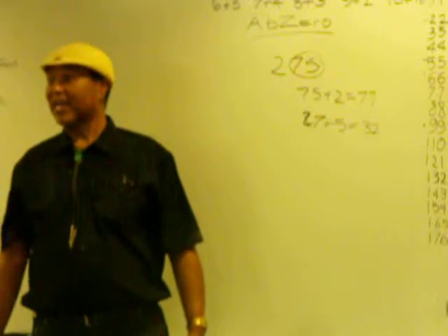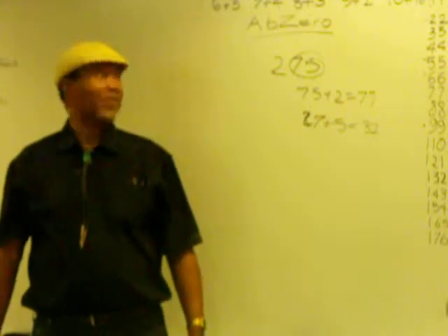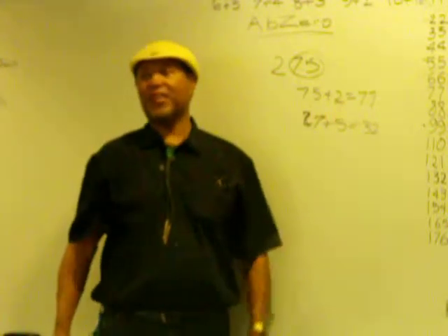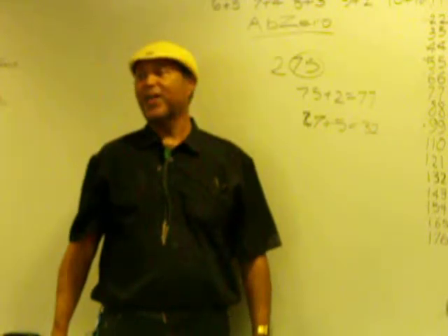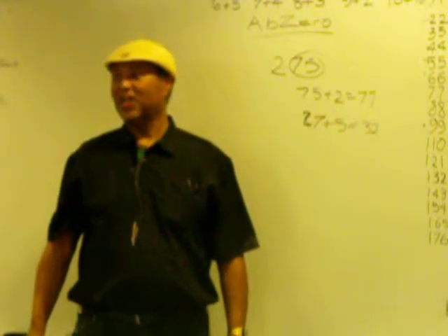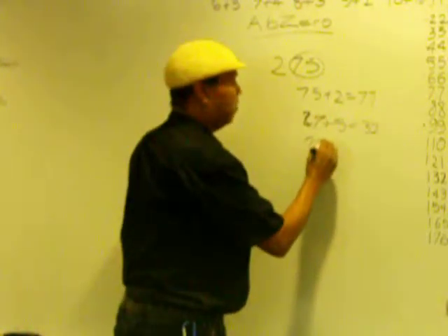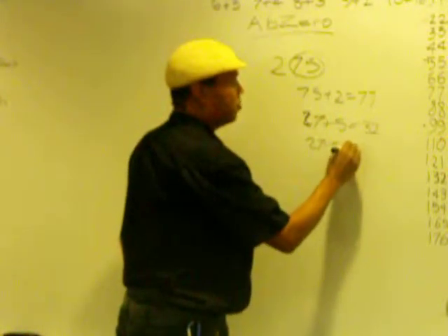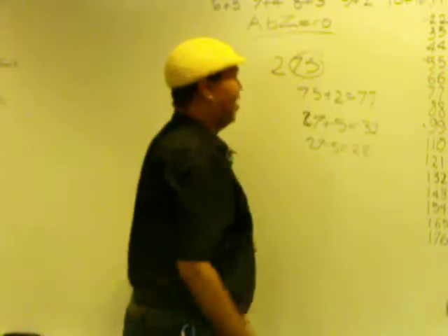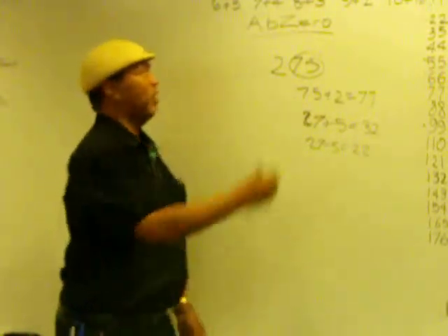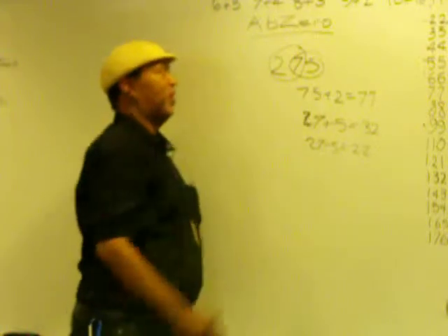But you're on the right track. So instead of adding the 5, what do we do? Minus. That's right. 27 minus 5 equals 22. So that was our reciprocal using these two numbers.